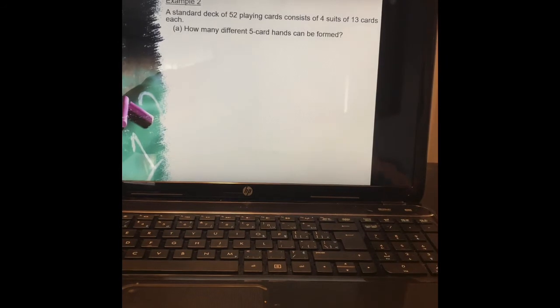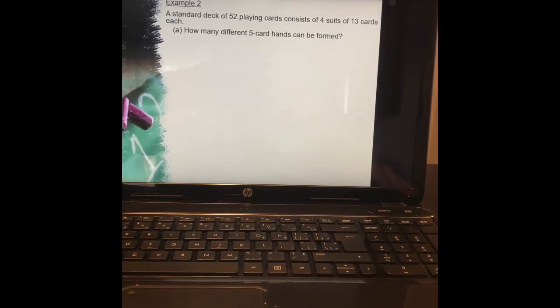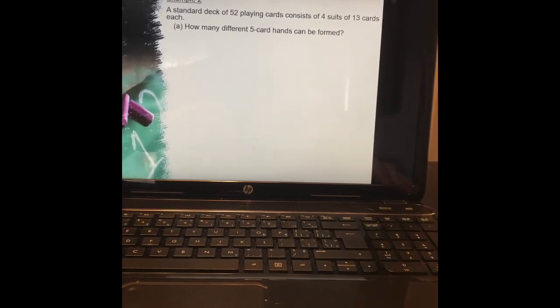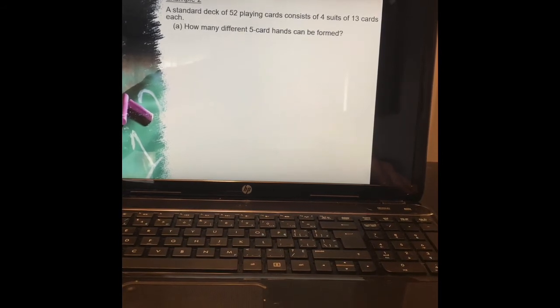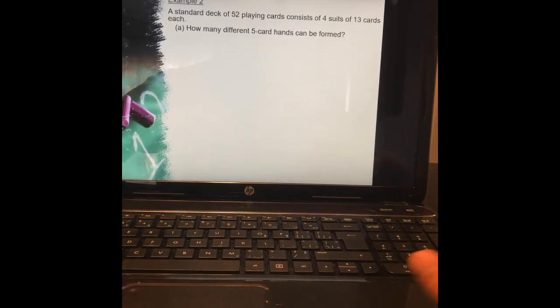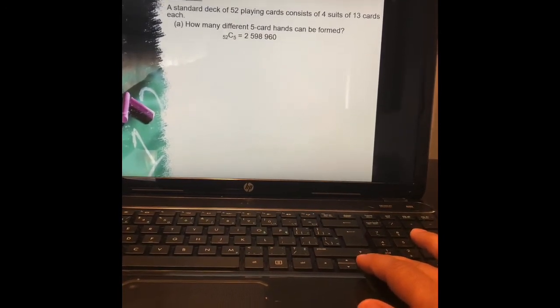A standard deck of 52 playing cards consists of 4 suits of 13 cards each. How many different 5-card hands can be formed? So your 5-card hand, it does not matter when you got the card. The order of getting the cards does not matter. So we just need 5 cards from the 52. So 52 C5 or 52 choose 5.